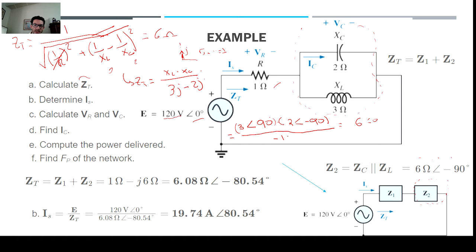So negative 1j is the same as saying 1 at a phase shift of negative 90, because it's 3j minus 2j, so it's 1 at a phase shift of 90.